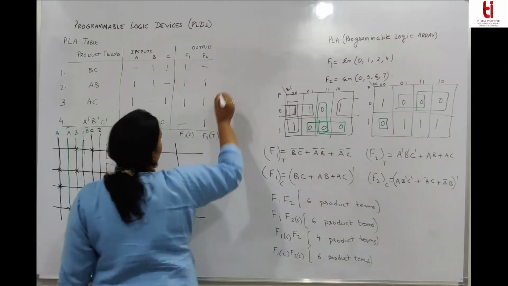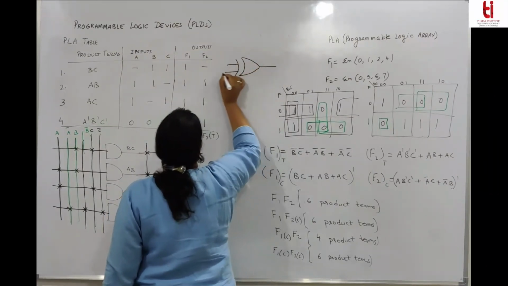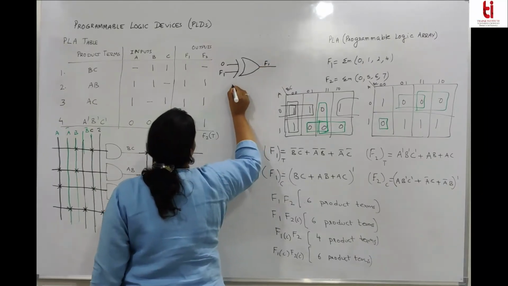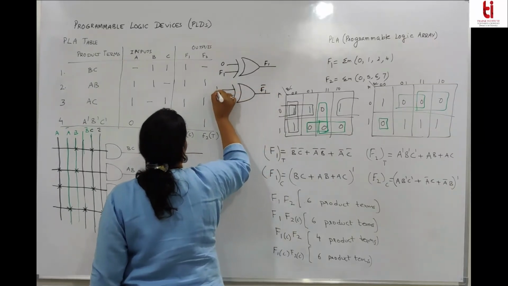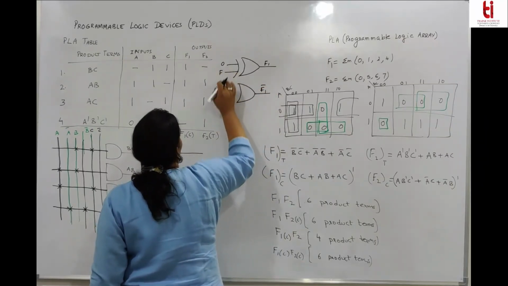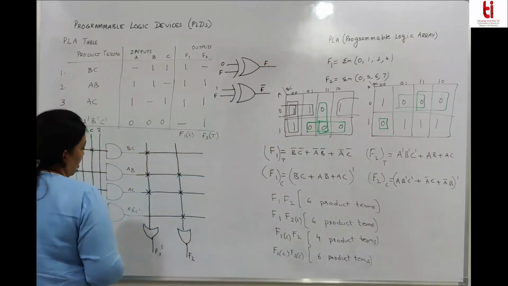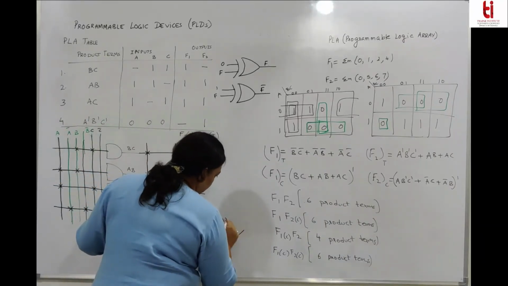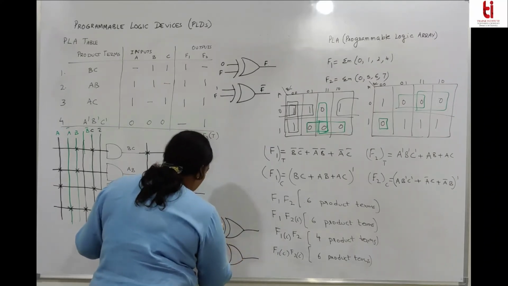So I think I told you in one of the classes that if any variable is being XORed with 0, you will get the variable itself. And if any variable is XORed with 1, you will get its complement. So if you XOR this, this is 0 and this is 1.